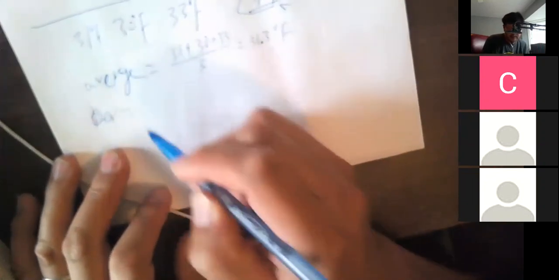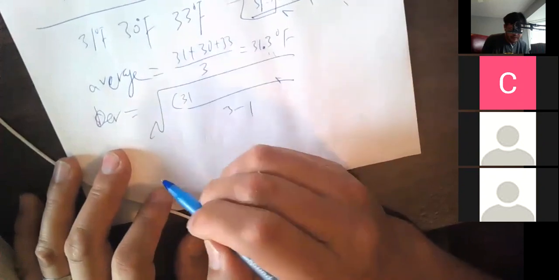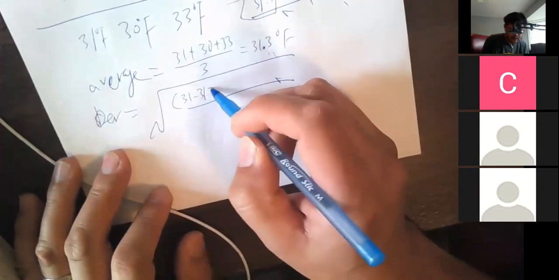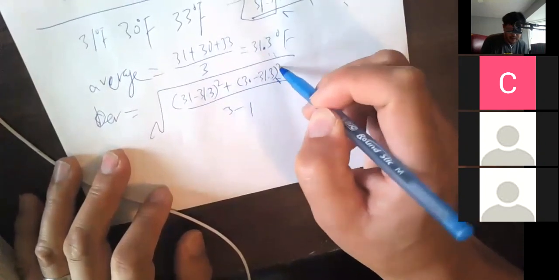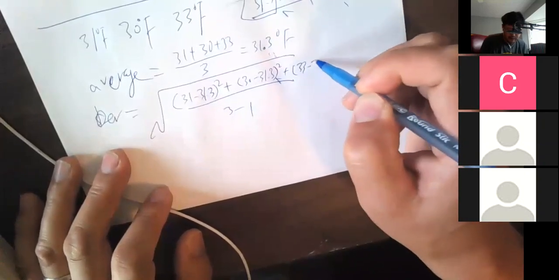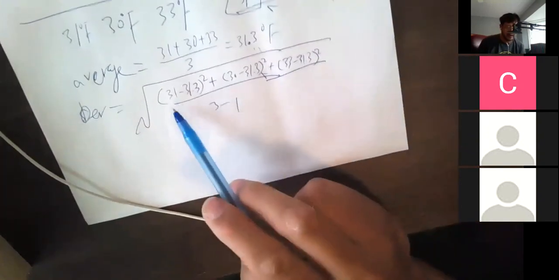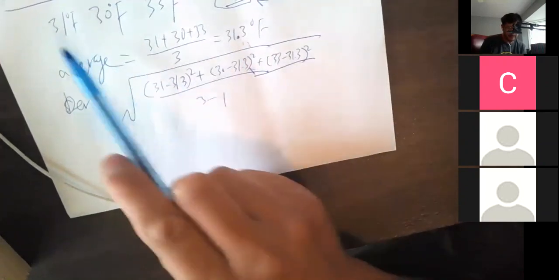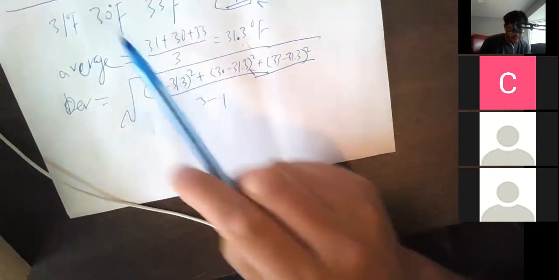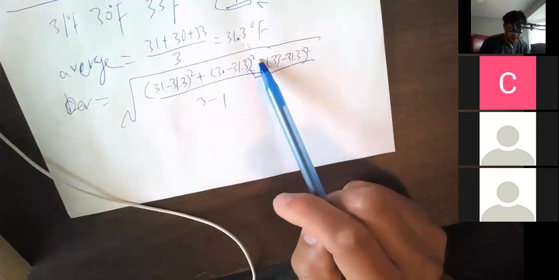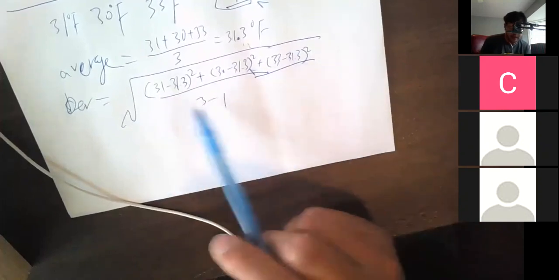To calculate standard deviation, that's how we do it: 31 minus 31.3, plus 30 minus 31.3, and so on. We subtract the average from the first one and square it, then the second one, subtract the average and square it, plus the last one, subtract the average and square it. We add them all together.